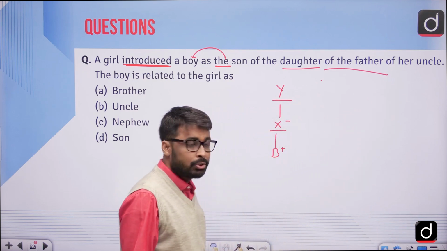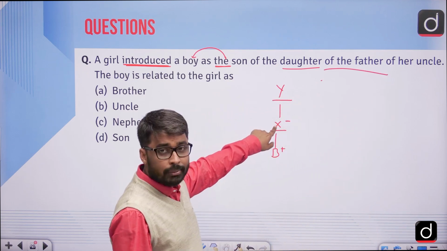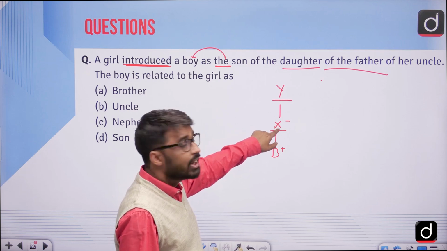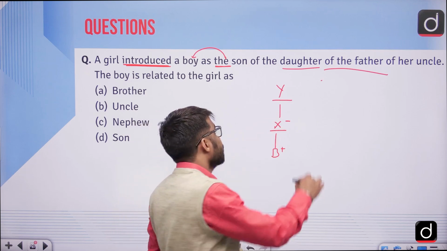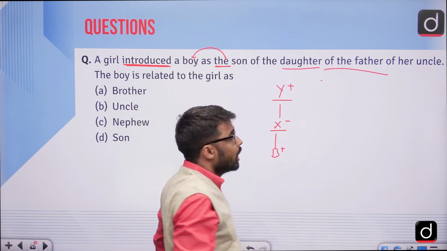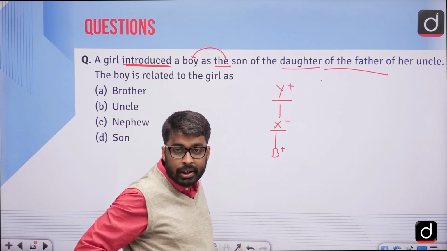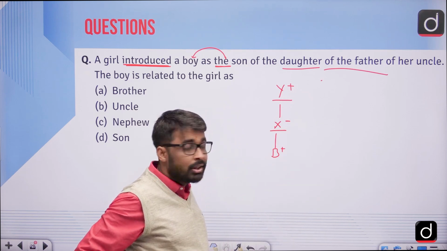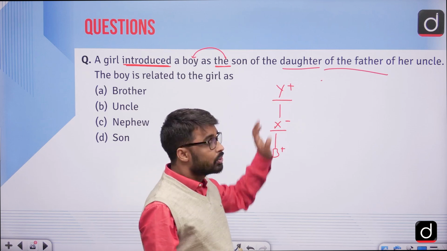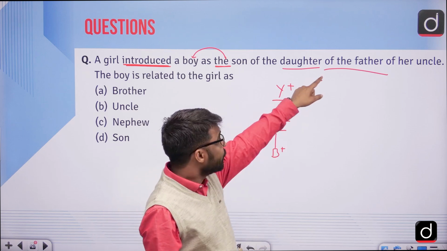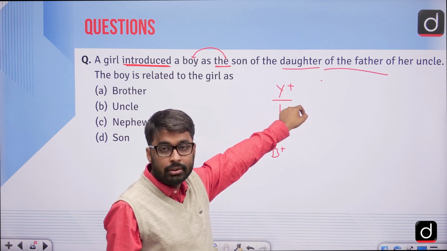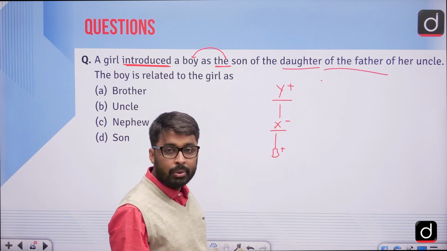So this X is daughter of the father. That means Y would be male, because X is daughter of Y, and Y would be the father. So gender of Y would be male.